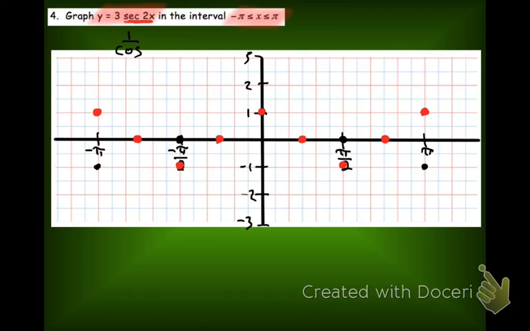And the 3 out in front there, we know is our amplitude. So now we're actually going to jump from 1 all the way up to 3. So our points will be at 3 and negative 3.